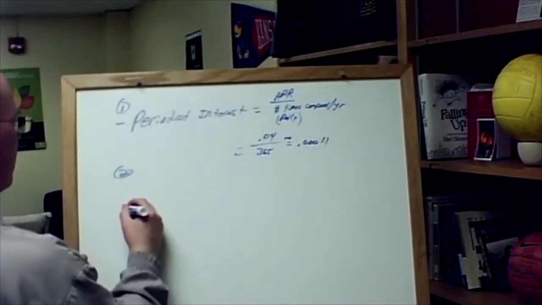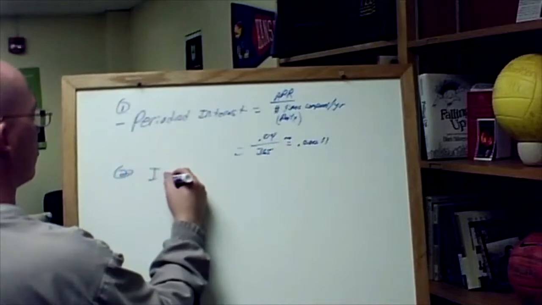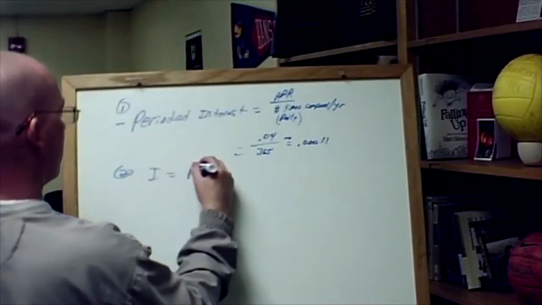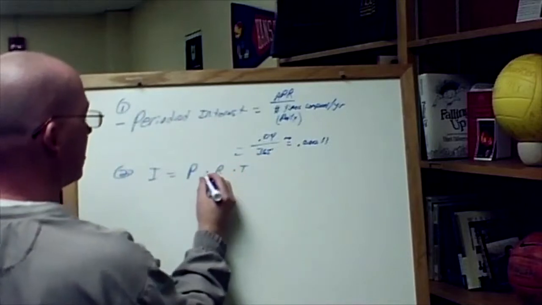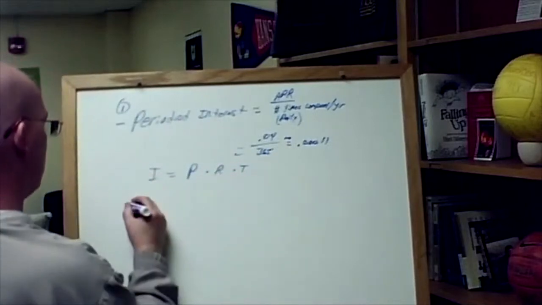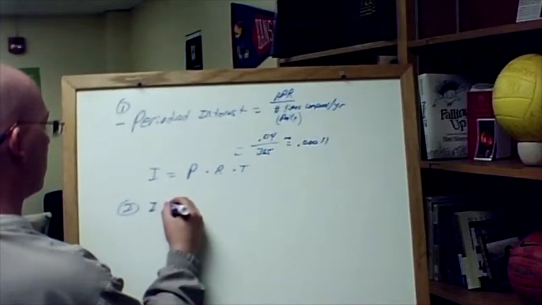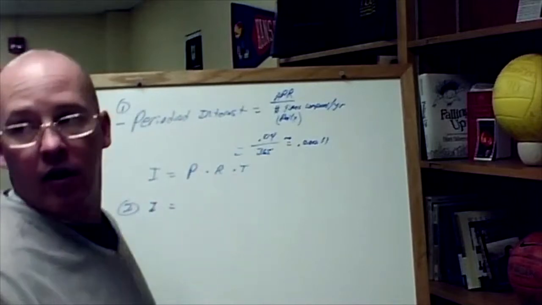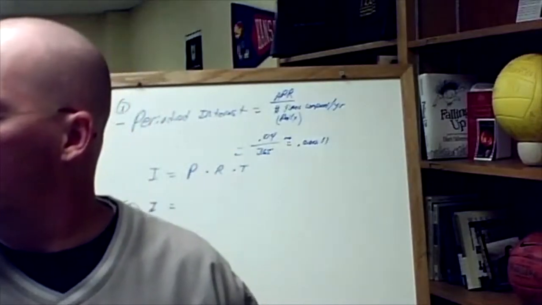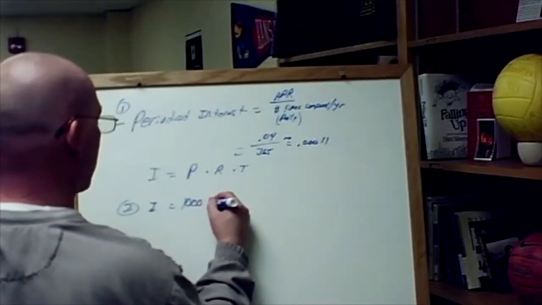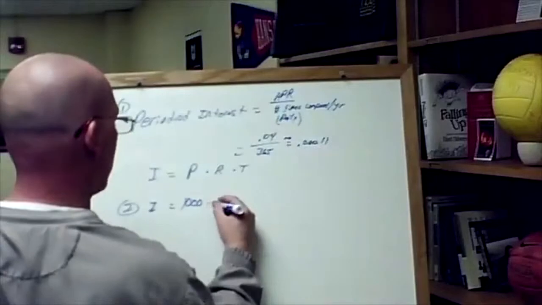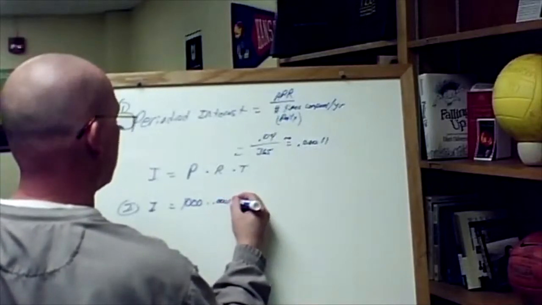Step number 2, 3, and 4, you're using that interest formula. It's equal to principal times rate times time. These dots are multiplication. So interest is equal to, for the first 15 days, your balance is $1,000. So our principal is $1,000. Our rate is 0.00011.